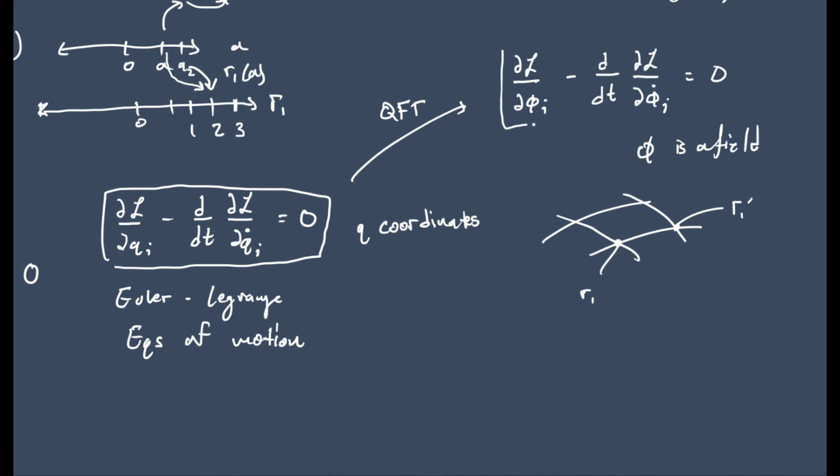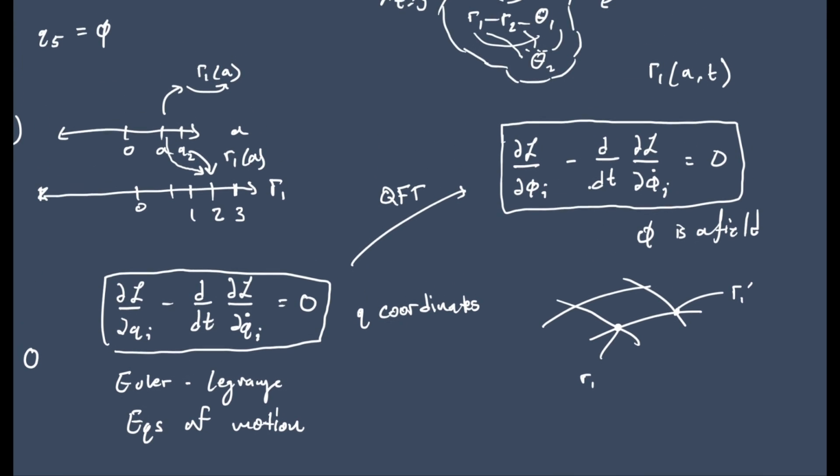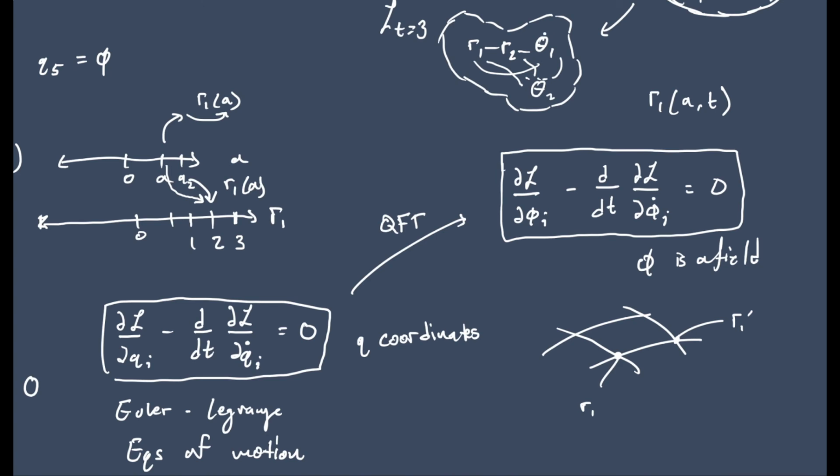So this is the Euler-Lagrange equation for quantum field theory, or for fields more generally, in which each independent variable is spread over time and space. Depending on where we're observing in space, this independent variable will have a certain value, and that takes into account this value of a.